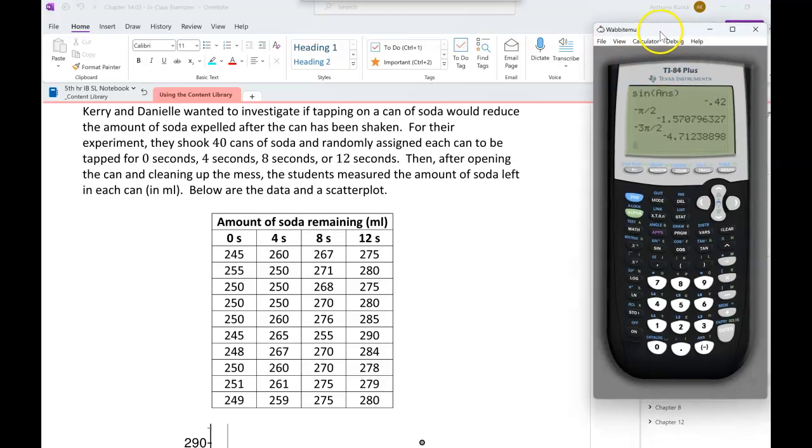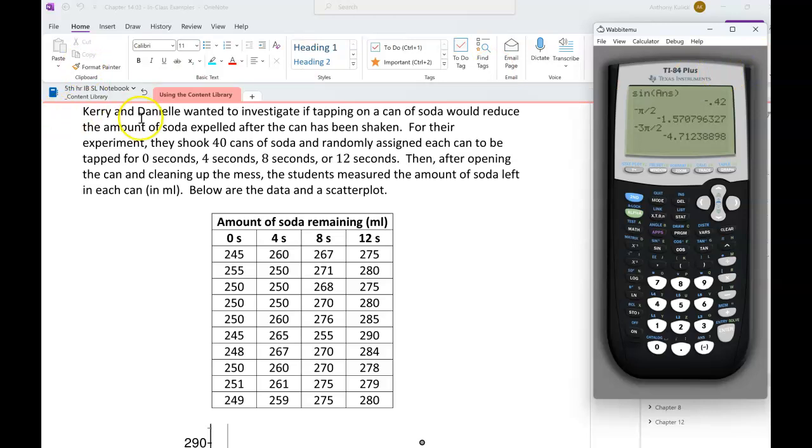And just as a reminder, like almost everything we have done in first semester, the majority of this chapter is once again about calculator literacy, right? If you understand what to do with your calculator, there's almost nothing we're doing by hand here. It's just about how to use your calculator.